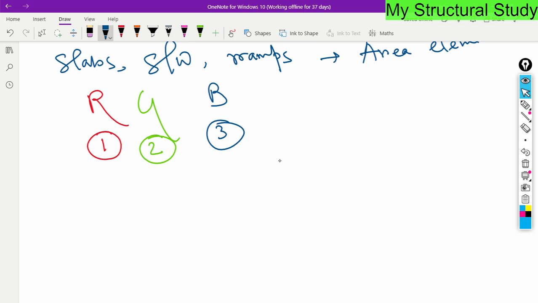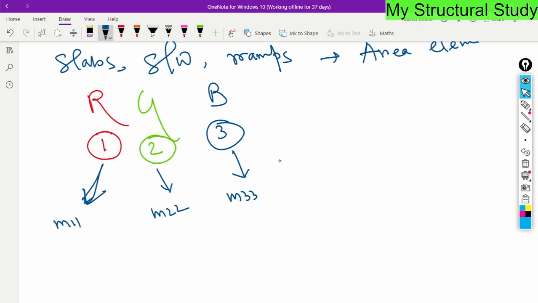So the bending moment about one axis is M11, we can call it torsion. Bending moment about two axis, that is M22, we can call minor bending moment. And bending moment about three axis, that is M33, the major bending moment.